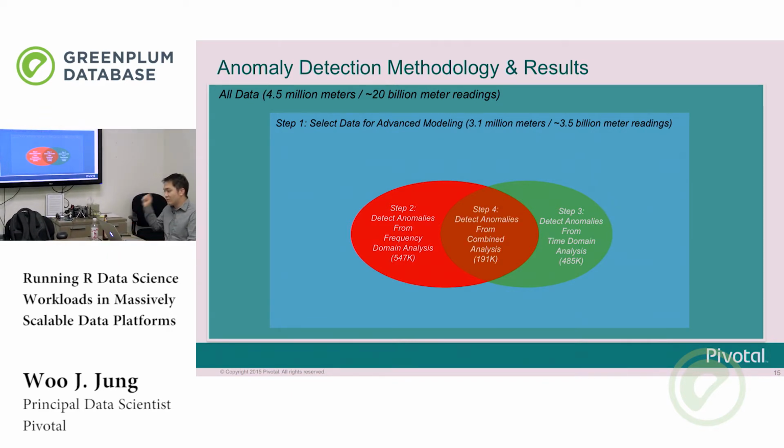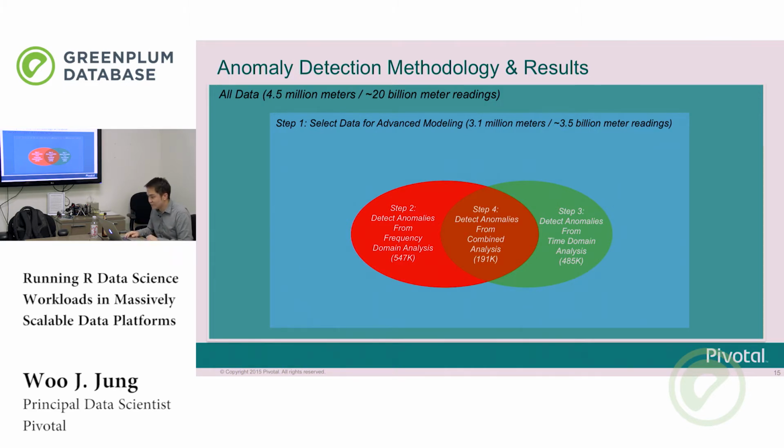And if a meter was flagged as anomalous by both the FFT analysis and also the ARIMA analysis, it made it into that final list of meters that we asked the forensic team to go out and analyze, which substantially reduced the number of false alarms or false positives that were produced by this workflow, right? So a very interesting use case.